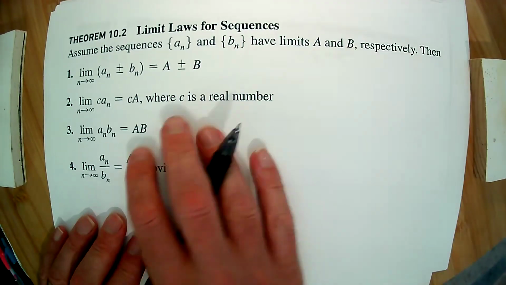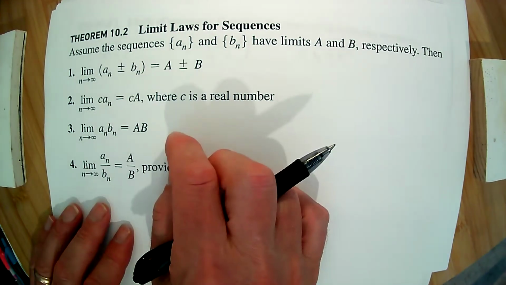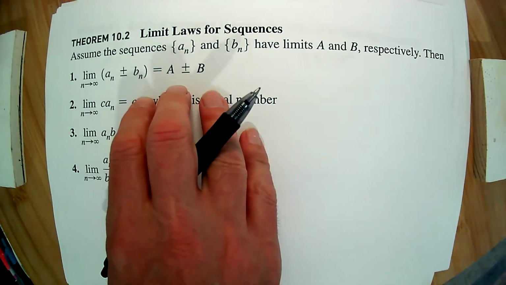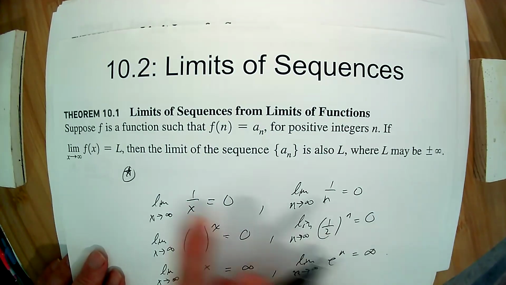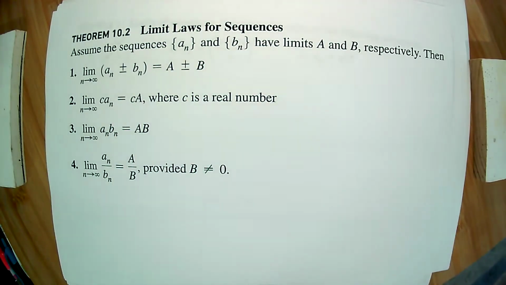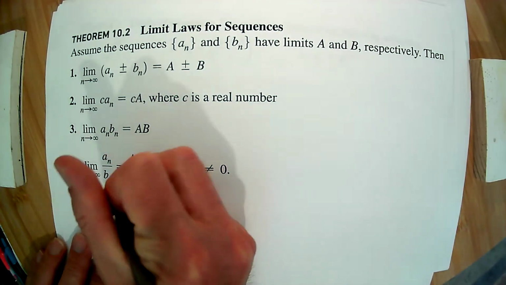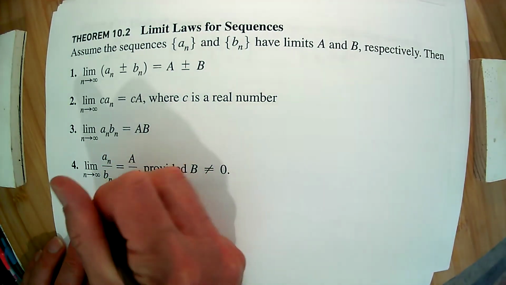Let's see how a couple of things play out. The limit laws for sequences are the same as the limit laws for functions, because those limit laws held for functions, and when facts hold for functions, they hold for sequences. You end up with all the same limit laws that we had before. Here, let's add a fifth one.